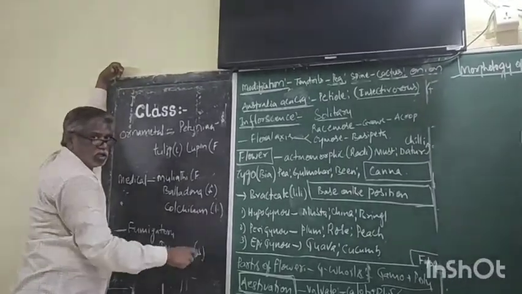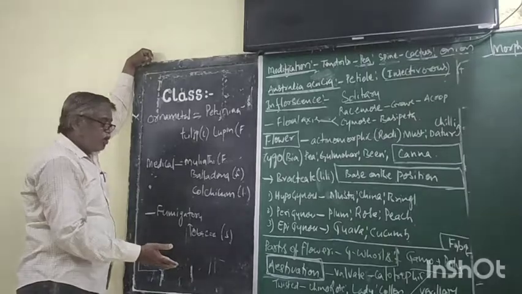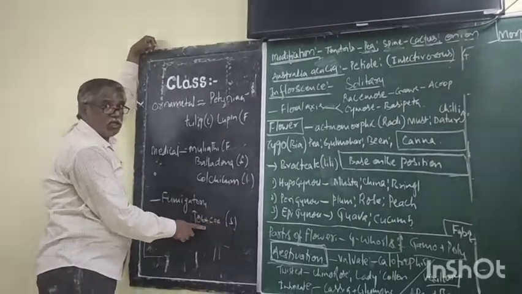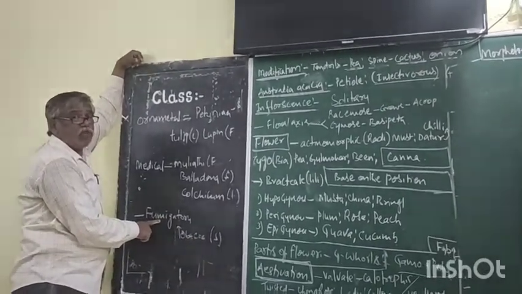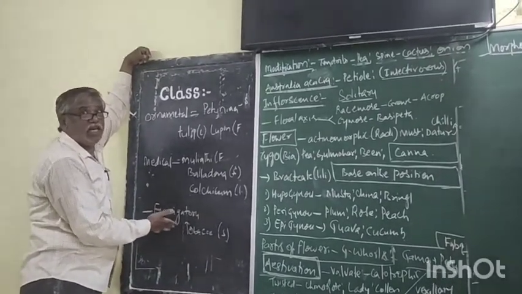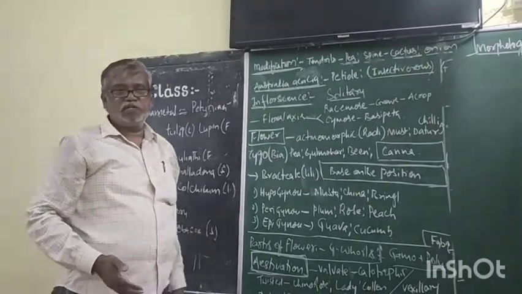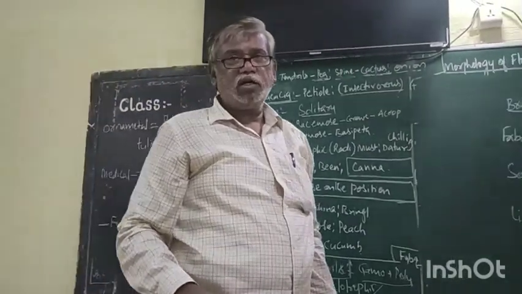It is a Liliaceae. The last one: tobacco belongs to which family? Solanaceae. It is important as a fumigator, smoke. Now this is about the economic importance of these families. Thank you.